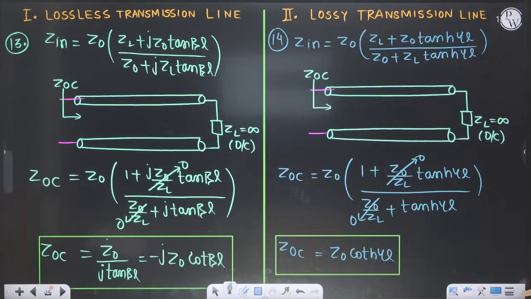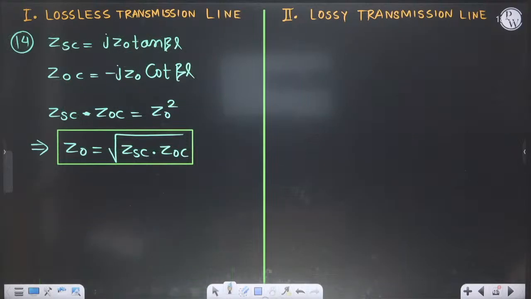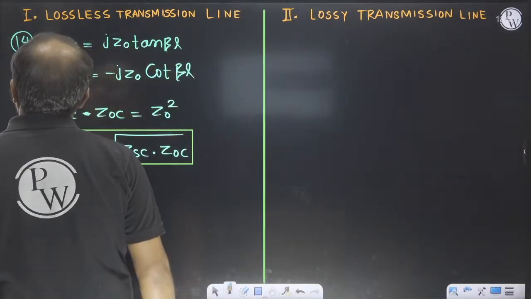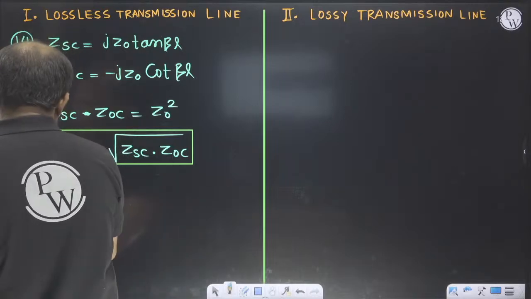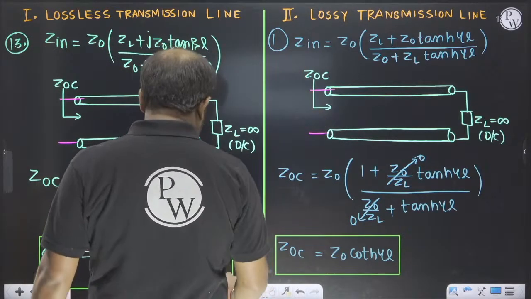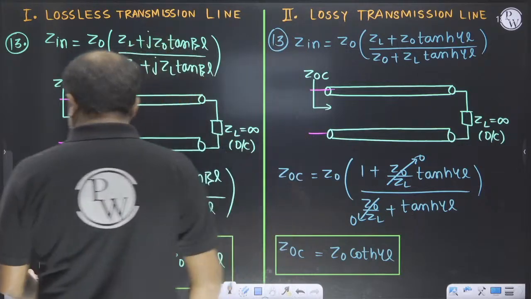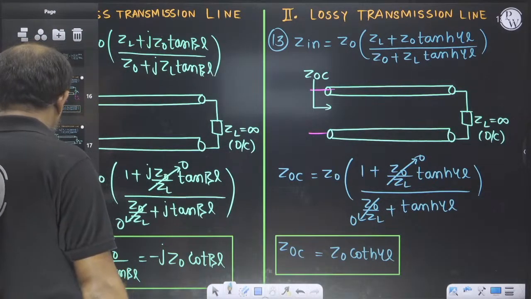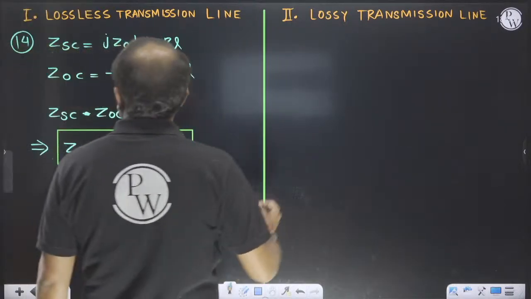Then we have derived ZOC. Then we can find a relationship between ZSC and ZOC. So what is the relationship?